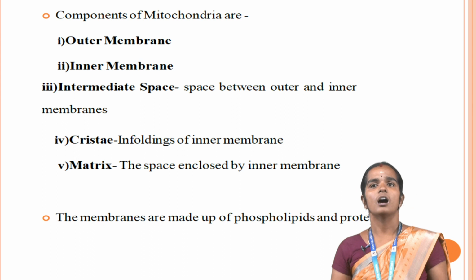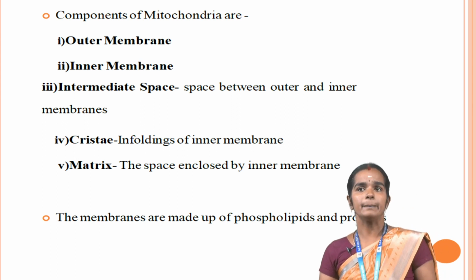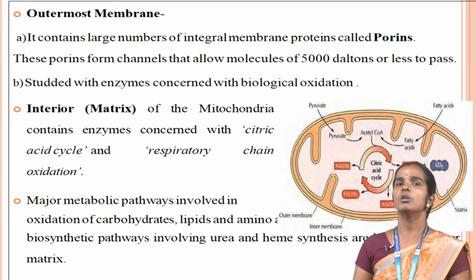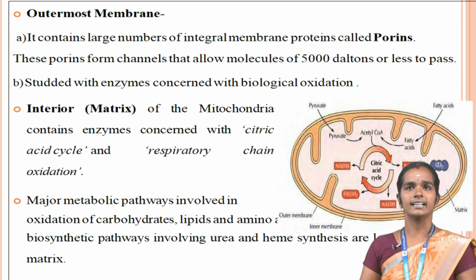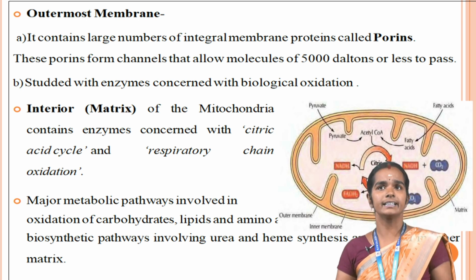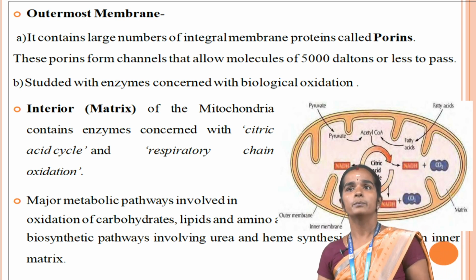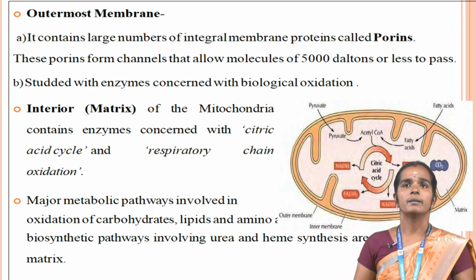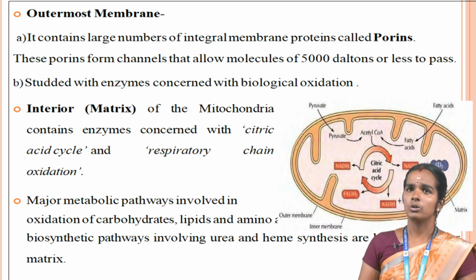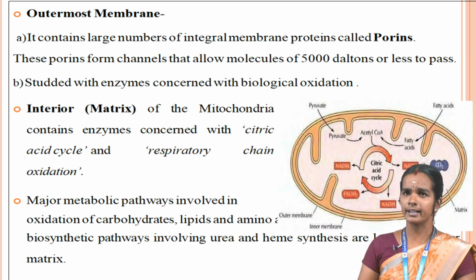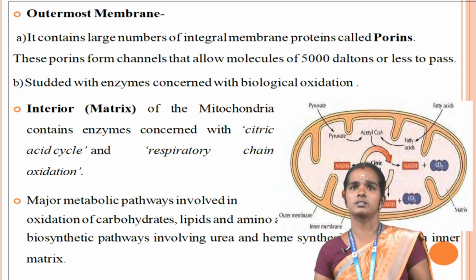The membranes are made up of phospholipids and protein. The outermost membrane contains a large number of integral membrane proteins called porins. These proteins form channels that allow molecules of 5000 daltons and less to pass.